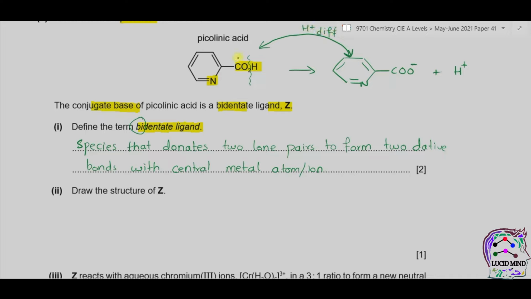As we can see there is a difference of H positive between picolinic acid and this structure, therefore this is the conjugate base. Now we can draw the structure of Z, which is the conjugate base. 3 double bonds are there, COO negative.